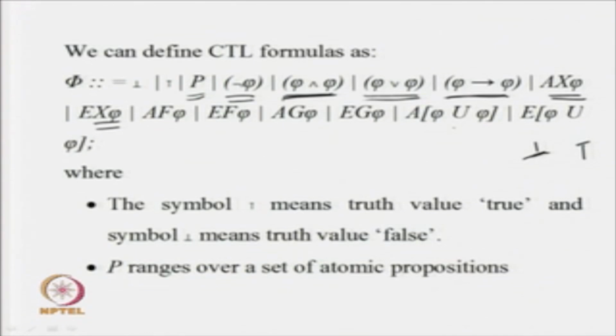If we have two CTL formulas phi and phi, then A phi until phi will also be a CTL formula, and E phi until phi will also be a CTL formula. So, we can construct CTL formulas using these rules. If a formula conforms to these rules, we consider it a CTL formula. Others will not be treated as CTL formulas.